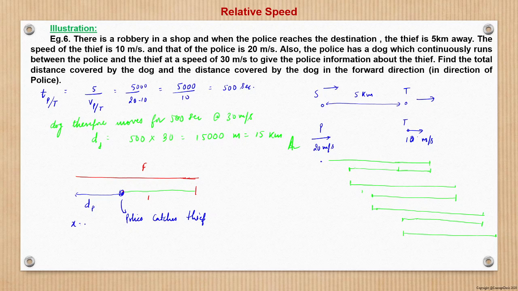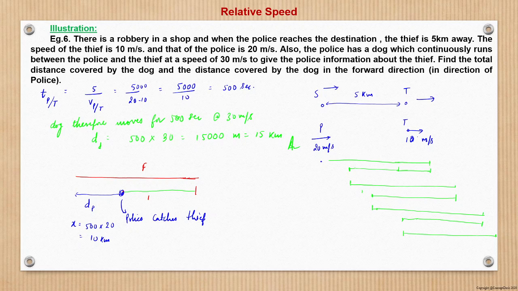So what is the distance represented in the blue line? This x will be what? The distance covered by the police in catching the thief, right? So police catches the thief in 500 seconds at a speed of 20. So this is nothing but 10 kilometer, or 10,000 meters. So this x is 10,000 meters.